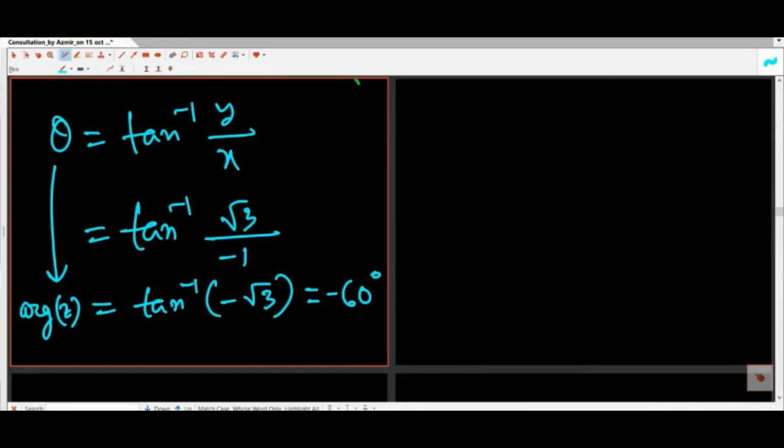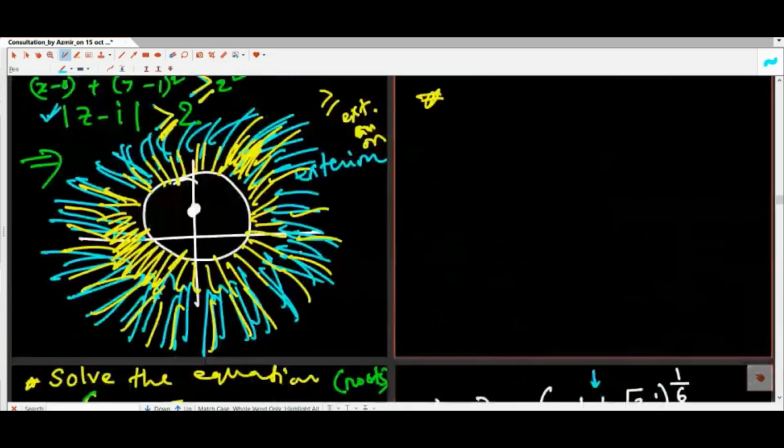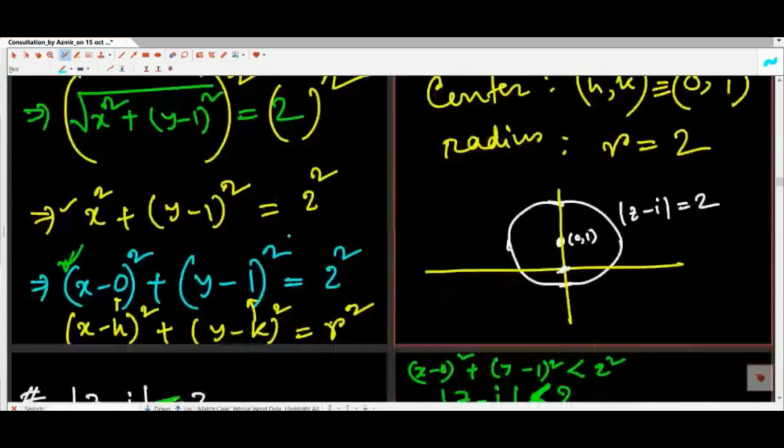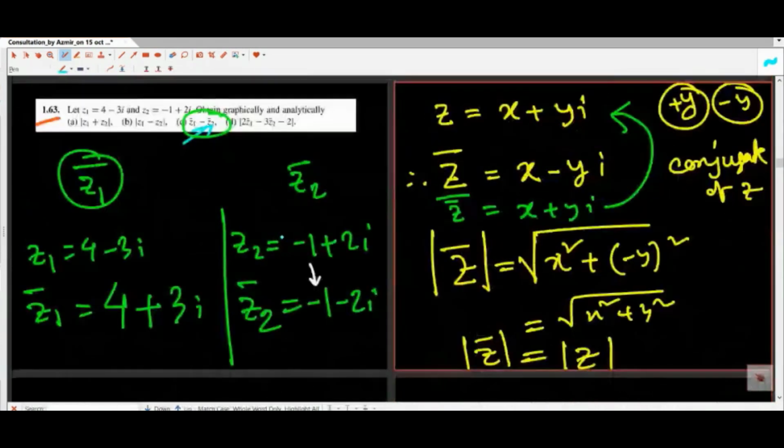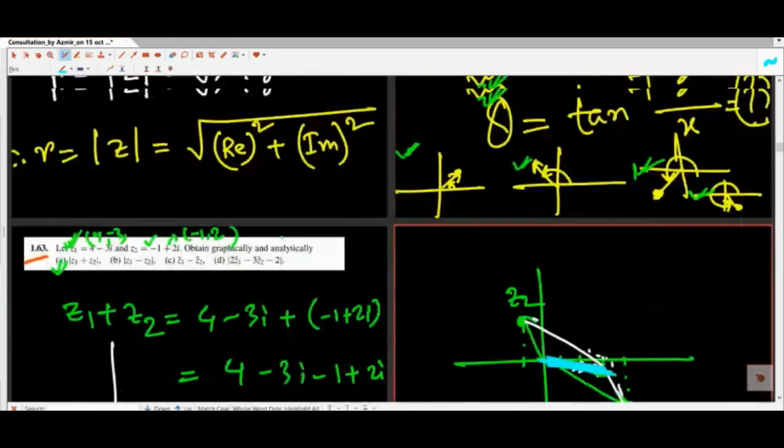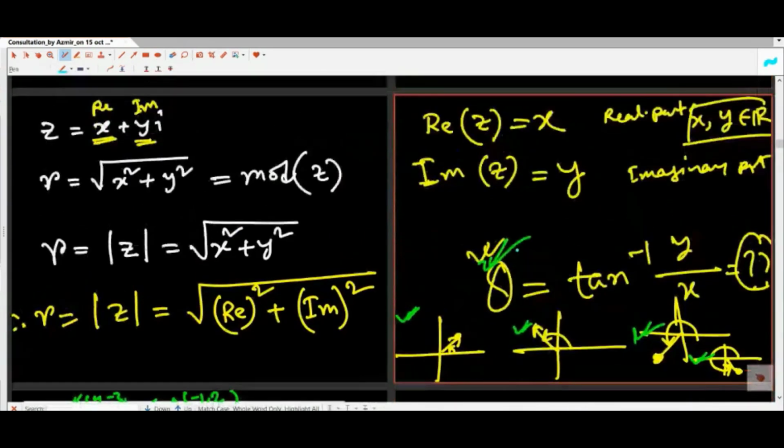You can remember that the argument, that is small arg, can take multiple values. But I have also mentioned that depending on the location of a point, you have to adjust the argument. Whenever I started the session, I mentioned that the point can be in the first, second, third or fourth quadrant.